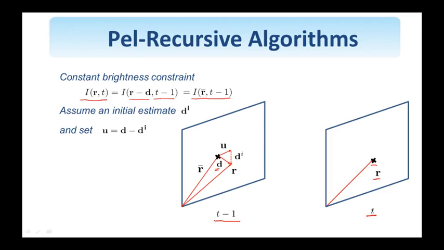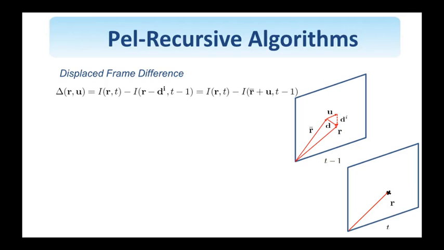So we have converted the initial problem of solving for d to the problem of solving for the correction term u that will correct my initial estimate d of I and bring me again to the true displacement, which we denote here by d.